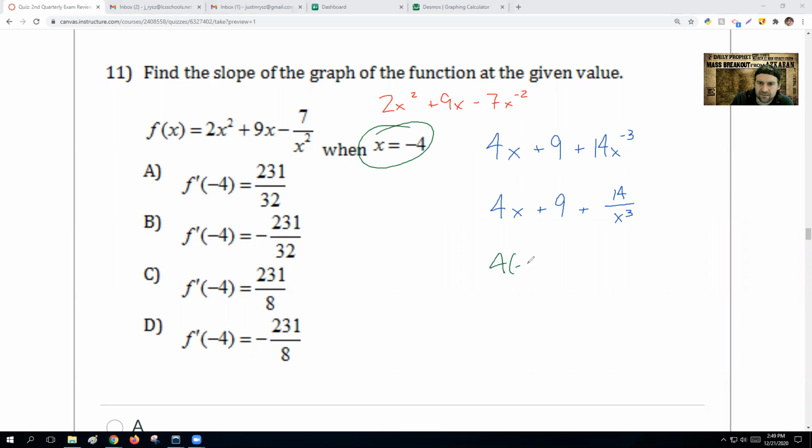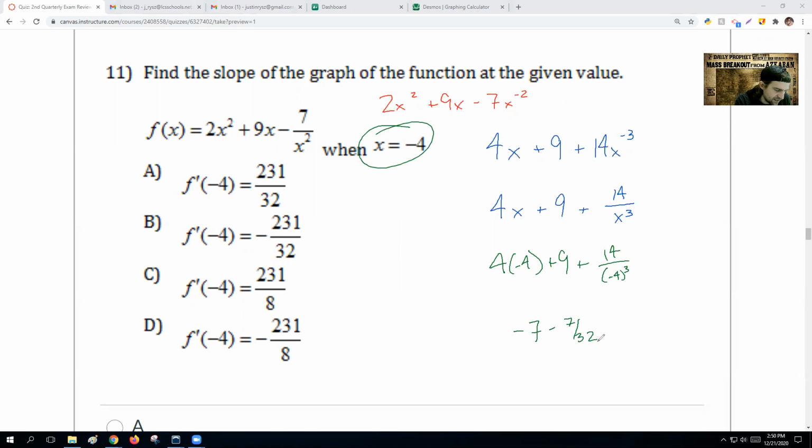So what's 4 times -4 plus 9 plus 14 over -4 cubed? This would be -16 plus 9. What's that, 7? Or -7. And then 14 divided by -4 cubed probably doesn't come out right, -7 over 32.